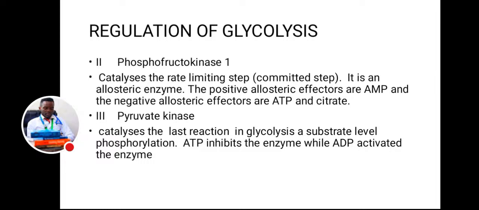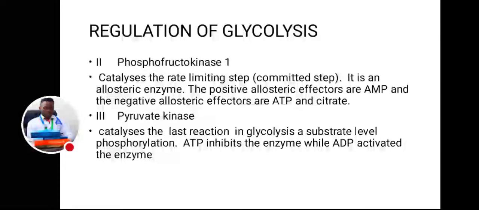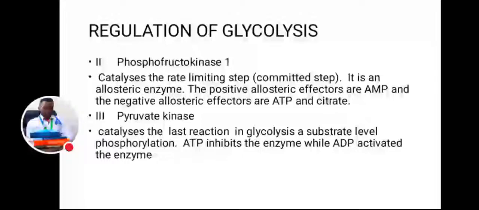It catalyzes the last reaction in glycolysis, a substrate level phosphorylation. That is, ATP inhibits the enzyme while ADP activates the enzyme. Okay, so ATP inhibits the enzyme, then ADP activates the enzyme.